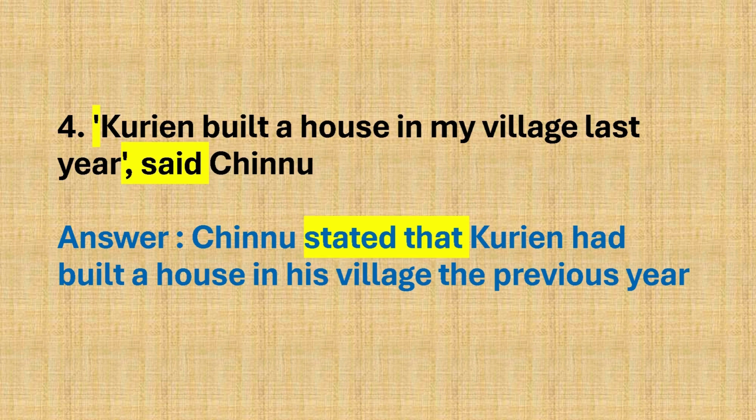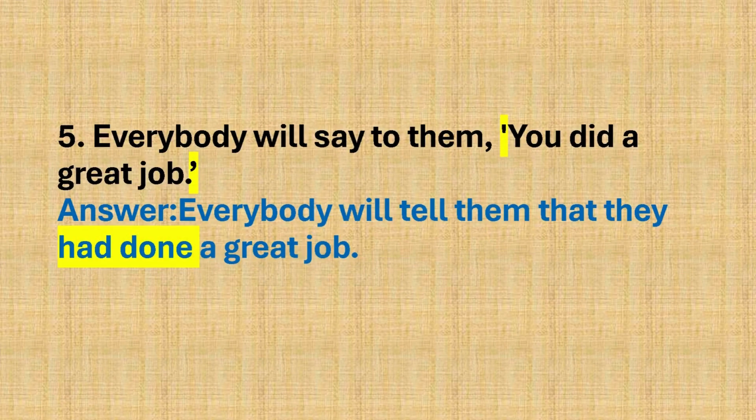About the pronoun change, my changes to his to match the perspective of Chinnu. And time expression change: last year changes to the previous year in the reported speech. Reporting verb choice: stated is used as a neutral verb to indicate a factual statement.